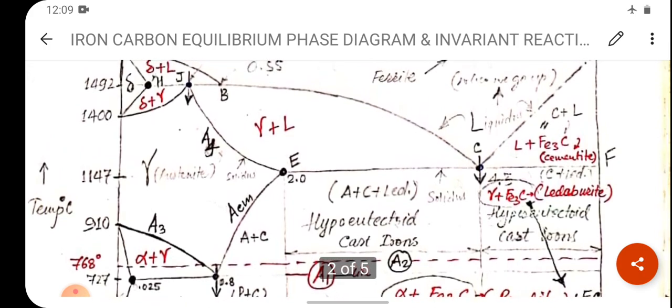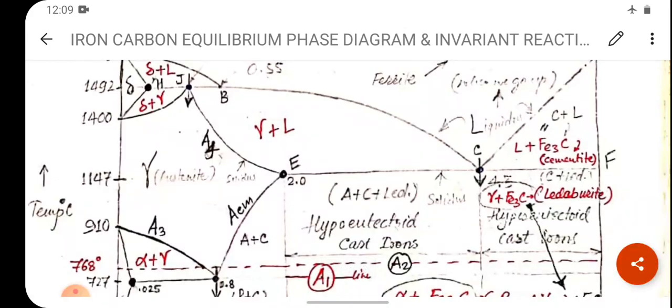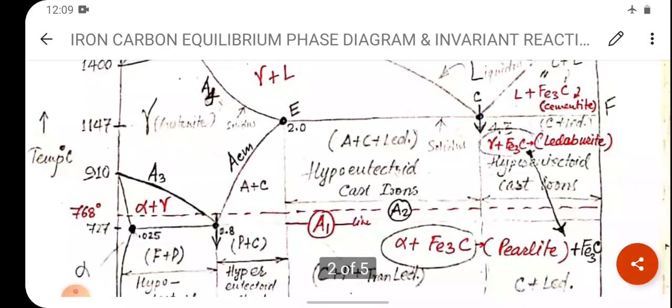Now we will see another part, which is red in color, sorry, gamma plus liquid. Because what was the upper region? Liquid was there, and on its left side gamma was there. Gamma is nothing but austenite, so we can say austenite plus liquid. Clear? Now we will move again in downward direction, 2% to 4.3%. I have made an arrow here, that is at 4.3% of carbon, that is at point C. Clear? So this rectangle will give you austenite plus cementite plus ledeburite.